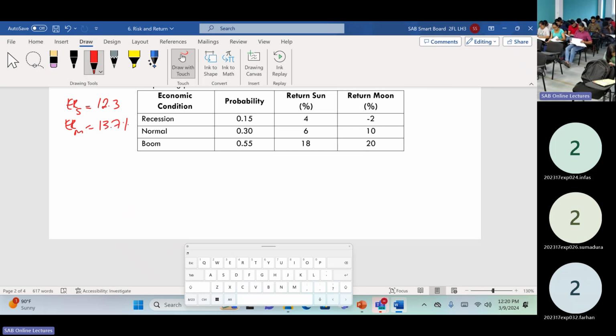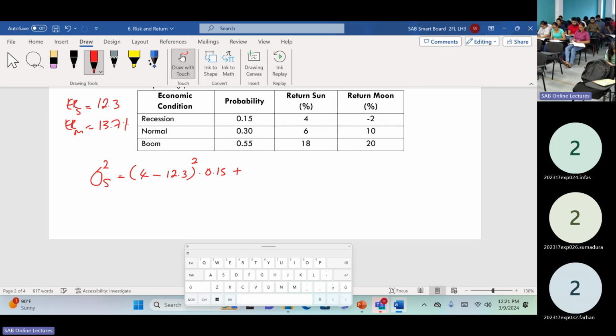Before the standard deviation you have to calculate the variance. For Sun, you can remember the formula. The deviation of the forecasted return from the expected return, 4 minus 12.3, squared, times the relevant probability.